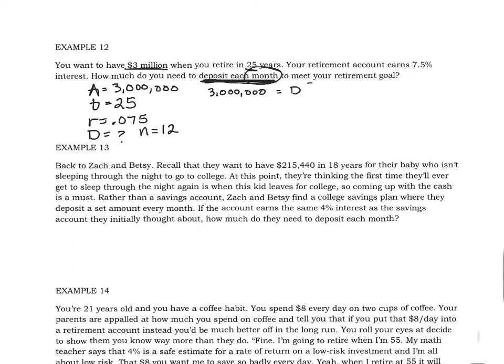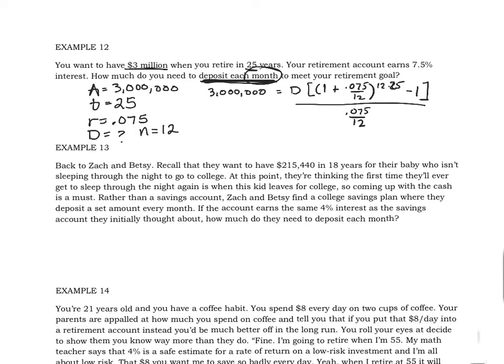I don't want to know what my deposit is, and I've got the 1 plus 0.075 divided by 12 raised to the n times t, and then minus 1, all divided by 0.075 divided by 12. Okay, so this is probably not going to be that much fun to put in your calculator.